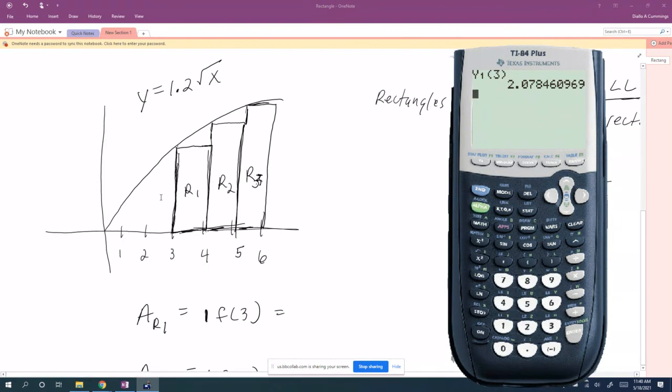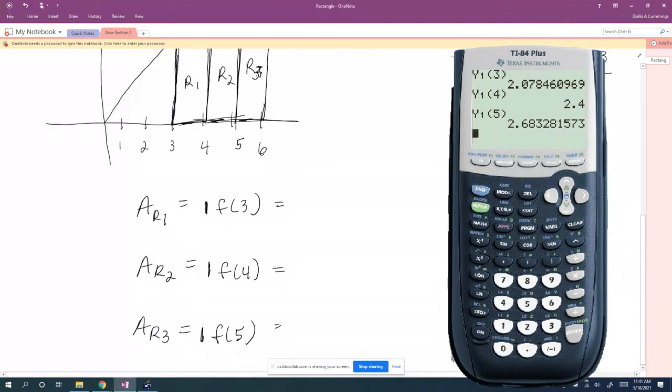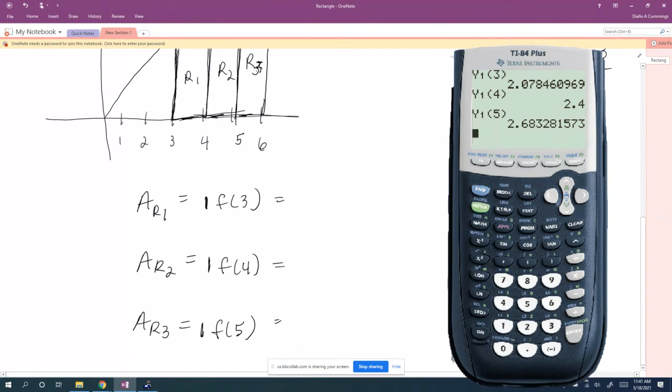I can also find the function evaluated at 4. And I can also find the function evaluated at 5. All right, so I'm going to just jot these things down. I have the area of rectangle 1, that's 1.